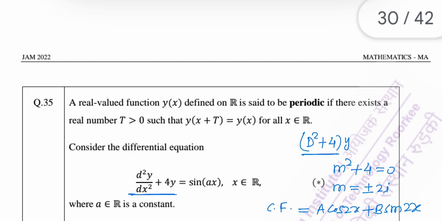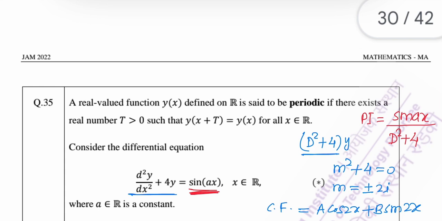Now we go for the PI, the particular integral. For the PI, I write in red, we take this part, sin ax, and this part will be in the denominator, so PI will be 1 over D squared plus 4.